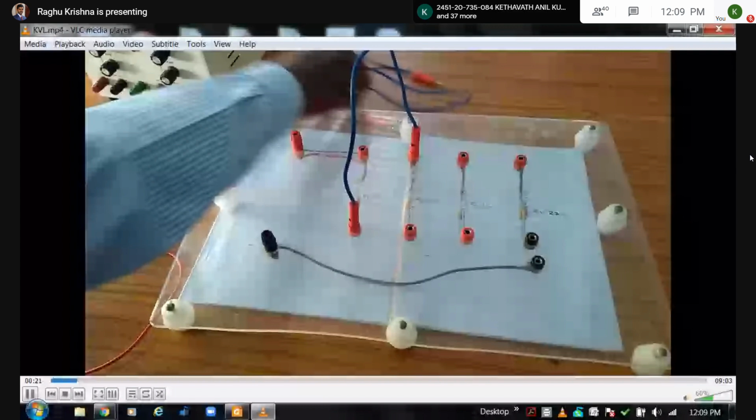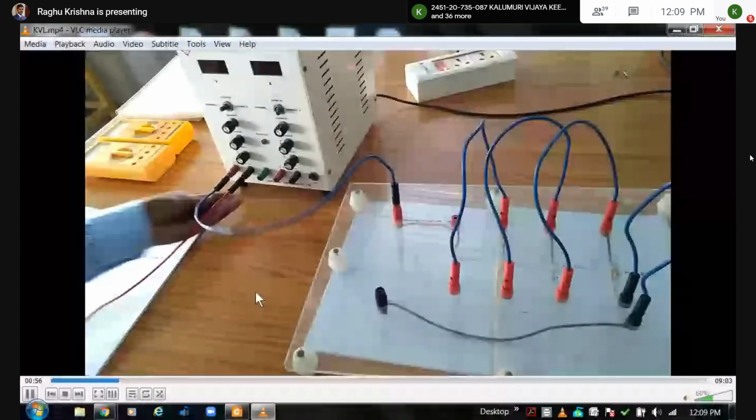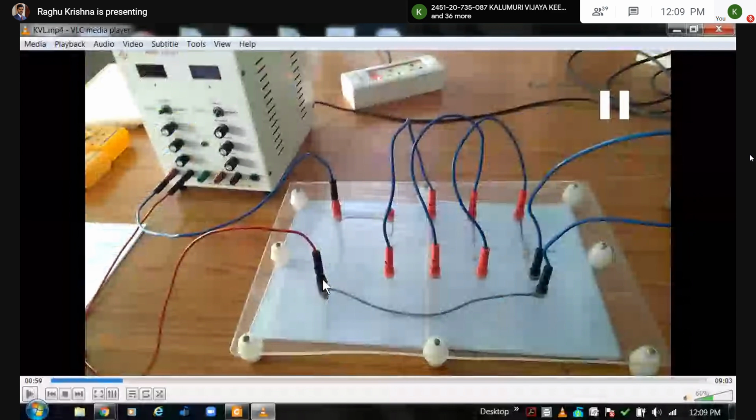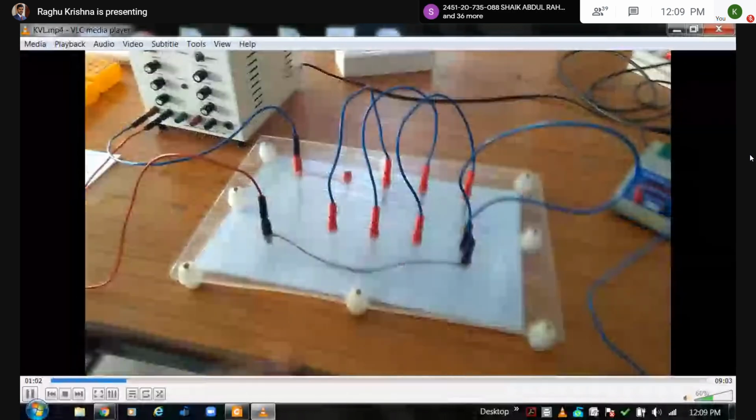See here, I am connecting the positive terminal of the voltage source to this point, negative terminal to this point. Very simple connection.